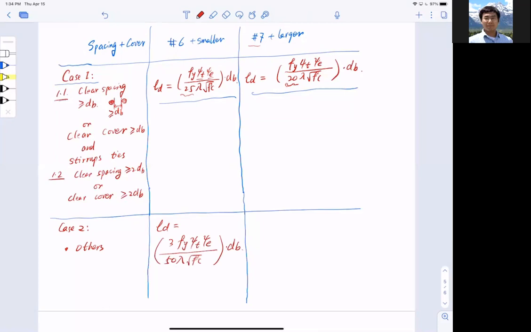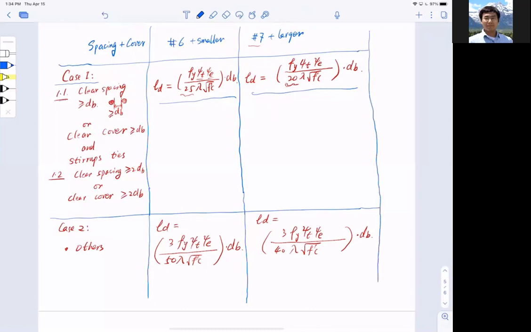And for number 7 bar or bigger, you use 3 fy psi t psi e divided by 40 lambda square root of f prime c, bracket outside dB. So these are the simplified table.